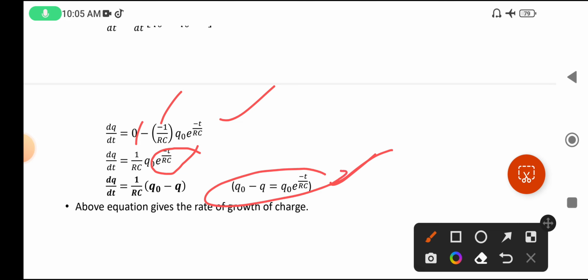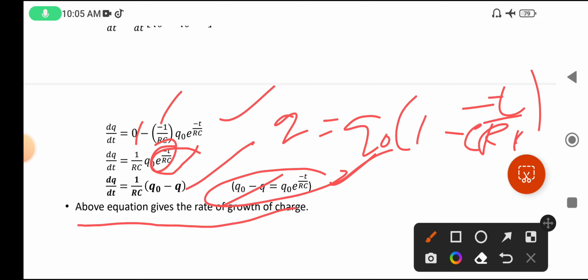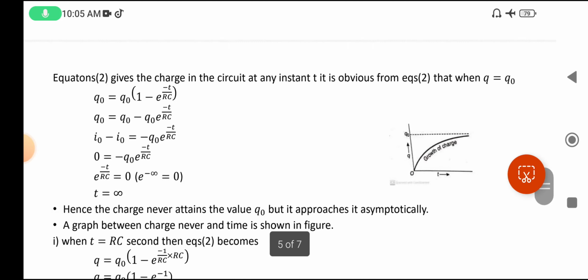Equation 1 is Q equals Q naught into 1 minus e power of minus t by RC. From this we can write the equation like that, and in the place of this we can substitute Q naught minus Q by RC. So the above equation gives the rate of growth of charge. Okay friends, this is our rate of growth of charge.